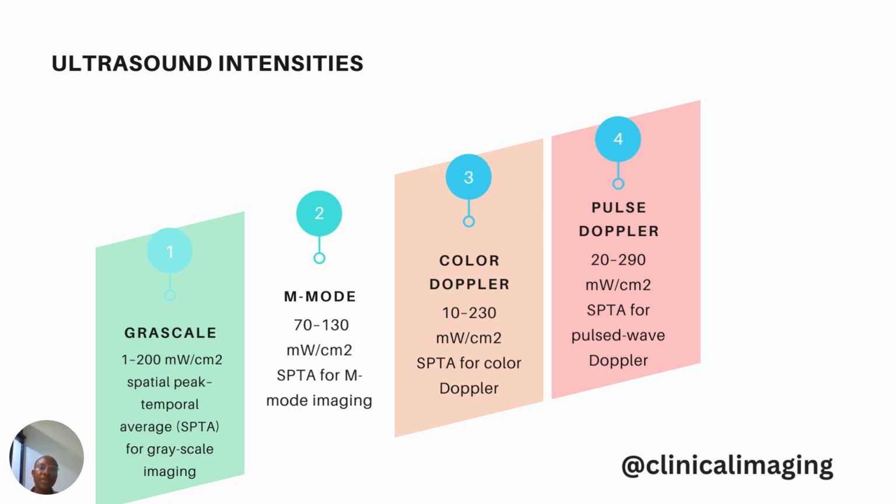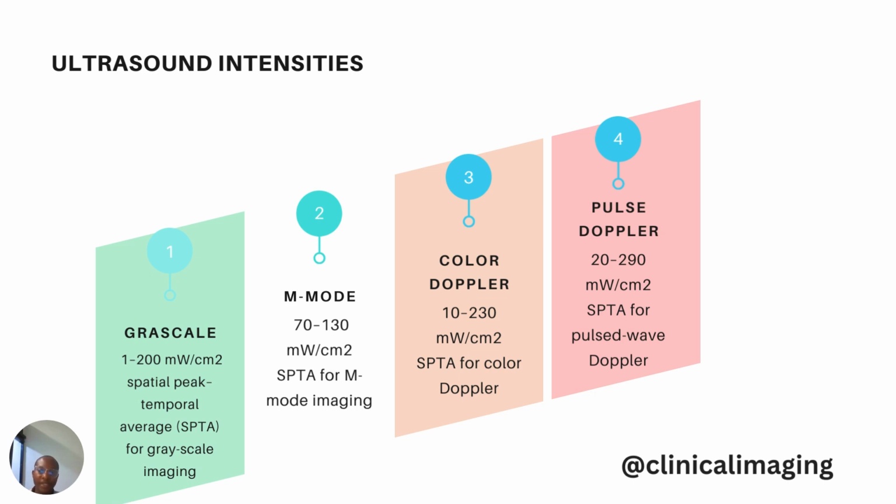If you're operating in real-time mode, on a B mode image, the intensity you are dealing with is between 1 to 200 milliwatt per cm squared. If you are using M mode, the intensity is between 70 to 130 milliwatt per cm squared.